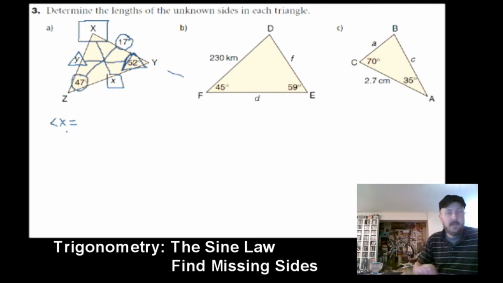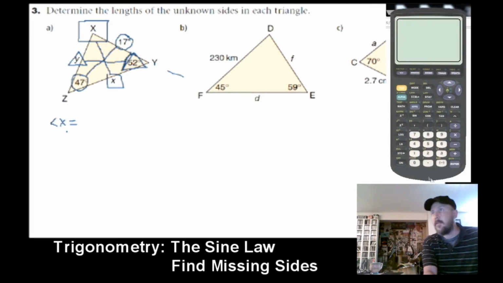So if we take our calculator and subtract those, 180 minus 47 and also minus 52, that angle up there has got to be 81 degrees.